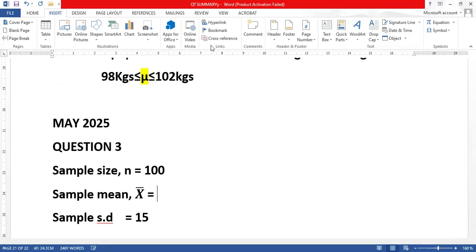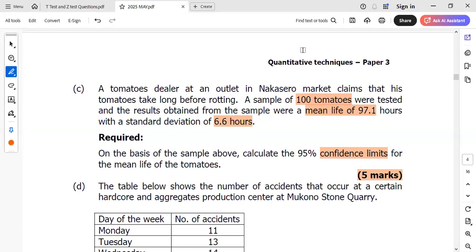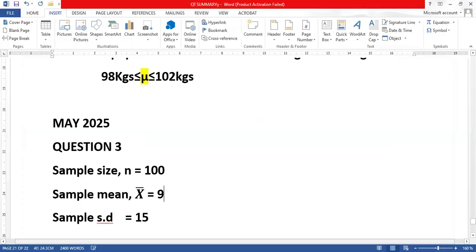Then the sample mean from this question, what is the sample mean? Whenever you see a figure like this, you always need to know you can round off to one decimal point on your final answer. So the sample mean is 97.1.